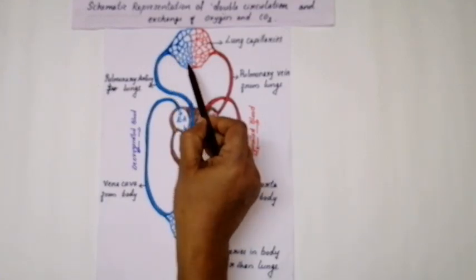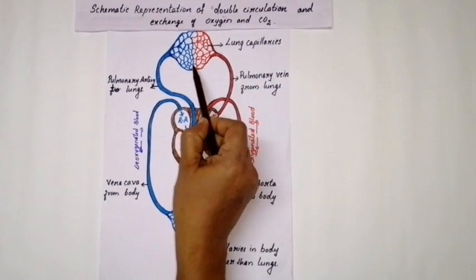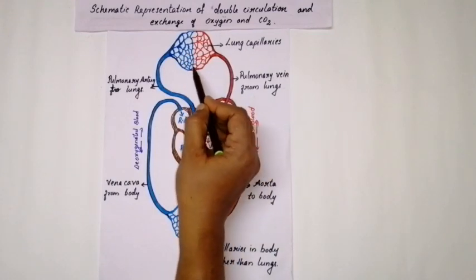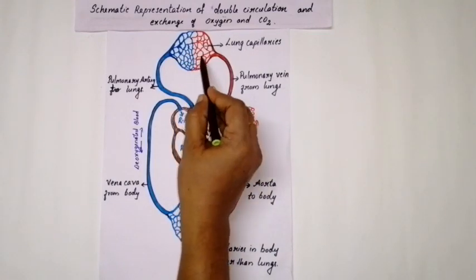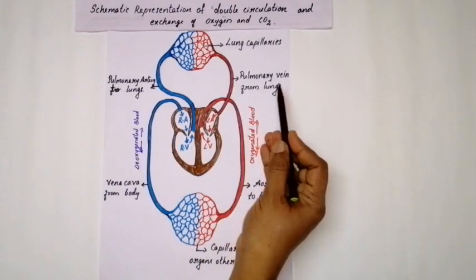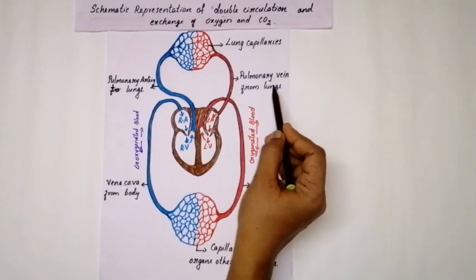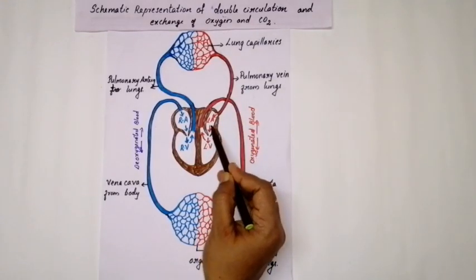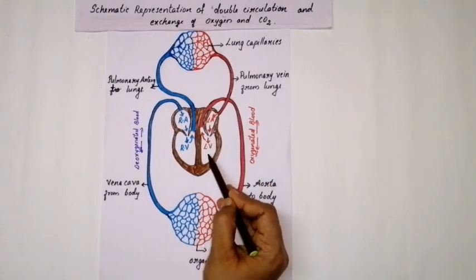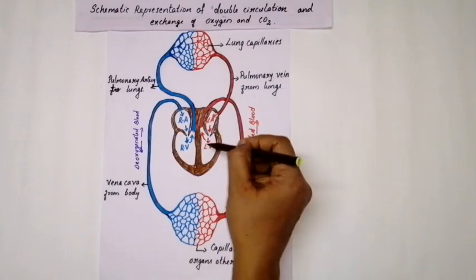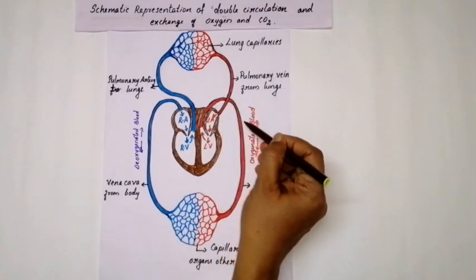In the lungs there are blood capillaries, and here the blood gets oxygenated, and through the capillaries the oxygenated blood is collected by the pulmonary vein, and through the pulmonary vein the oxygenated blood reaches the left auricle, and from the left auricle it passes into the left ventricle, and when this ventricle contracts the blood enters into the aorta.